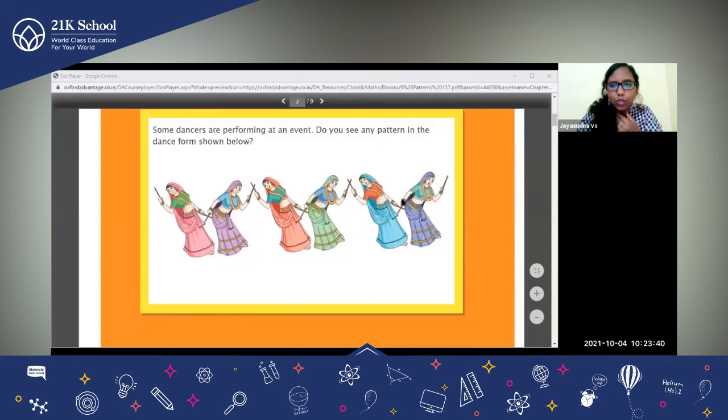Looking at the picture, what order is followed? Can you tell what order is followed here? See, some dancers are performing in an event. You can see some order, isn't it? Who can tell the order? If you know the answer, you can raise your hands. I will call you.